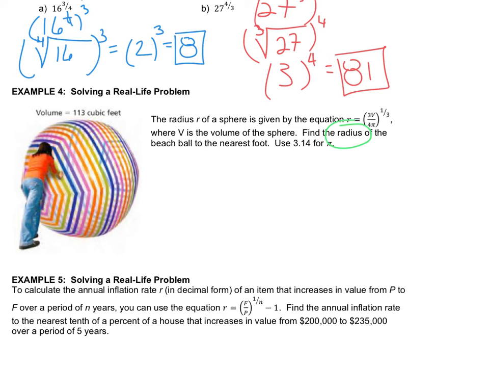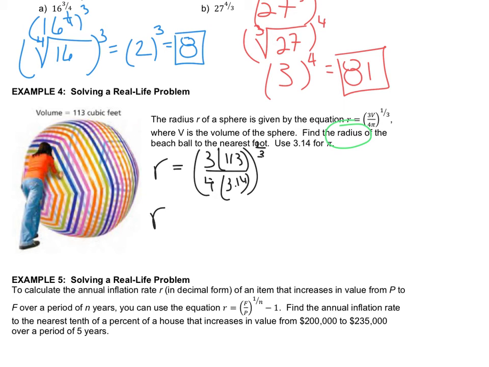And we're going to eventually be searching for the radius. So let's just start plugging in what we have. So here is the formula. We have 3. The volume we are given is 113 over 4, 3.14. And then we are doing the 1/3 power. So we're just plugging in first what we know.